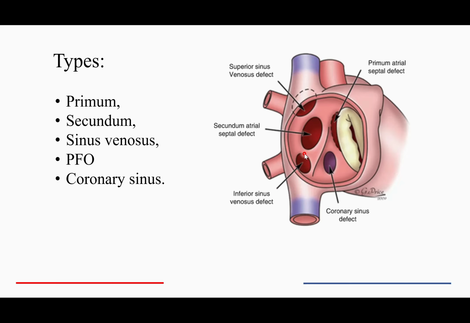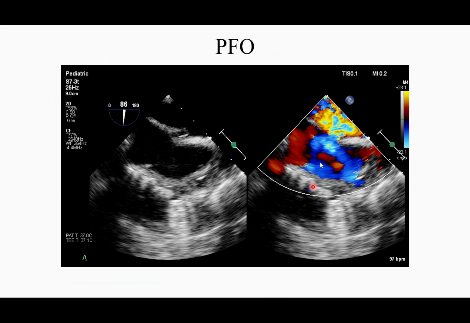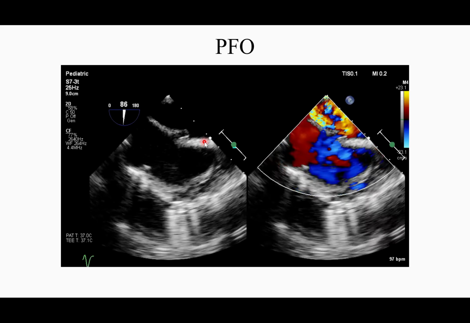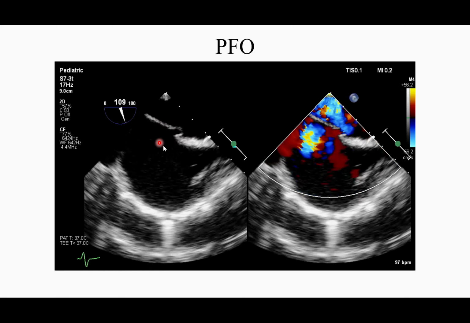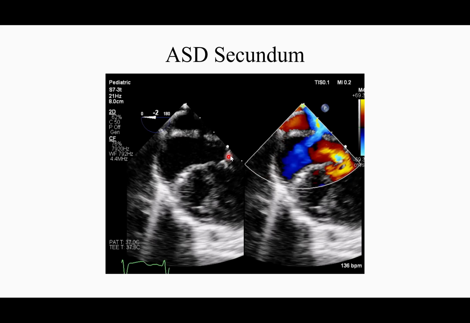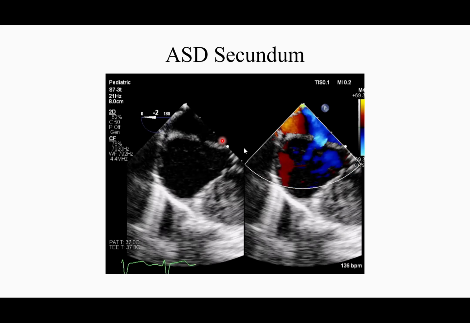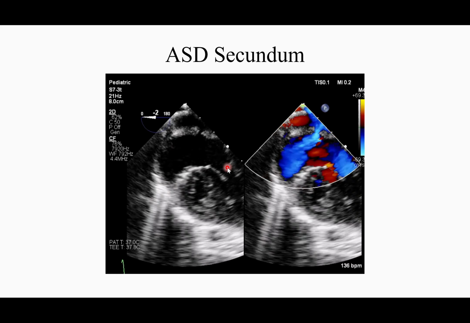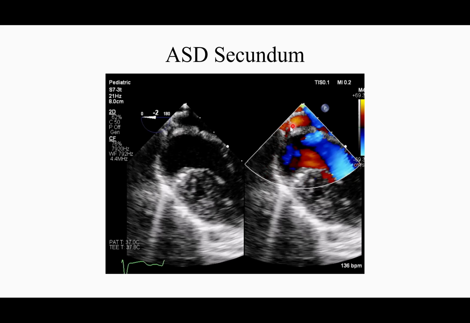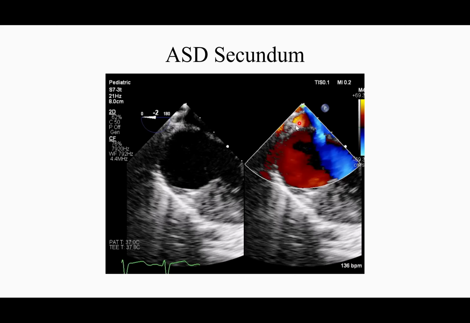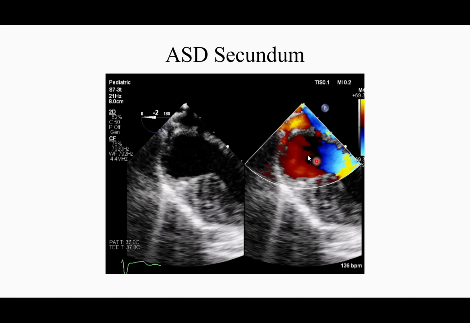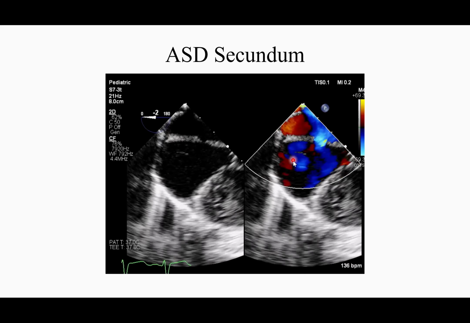In this view, this is a PFO, but if this is an ASD secundum, this is the SVC rim and this is the IVC rim. And in this 4-chamber, this is the AV valve rim and this is the pulmonary veins rim. This is the inflow of the pulmonary vein. The red color is the right upper pulmonary vein. So this is the AV valve rim.